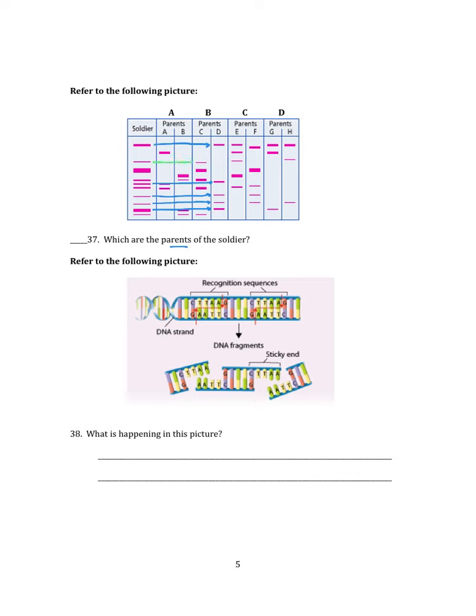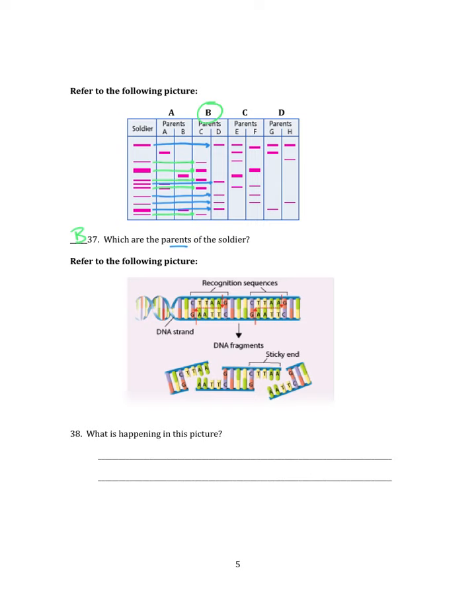So here we have a match, here we have a match, this one matches, this one matches, and this one matches. So the parents of that soldier are parent set B, and parents C and D are the parents of that soldier.